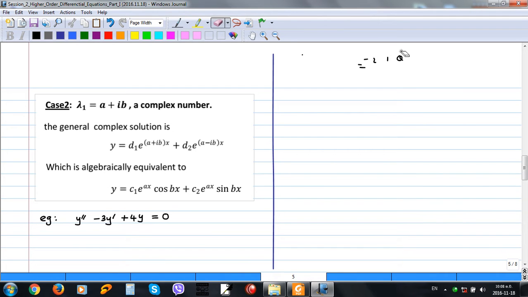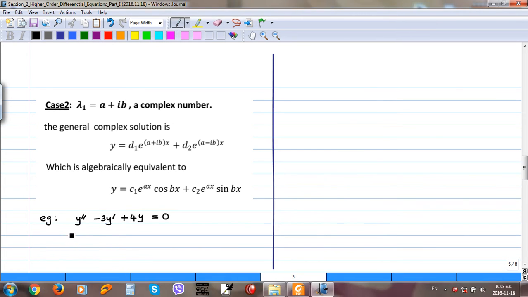So we'll consider an example: y double dash minus 3y dash plus 4y equals 0. First we write the characteristic equation. Here lambda square minus 3 lambda plus 4 equals 0.